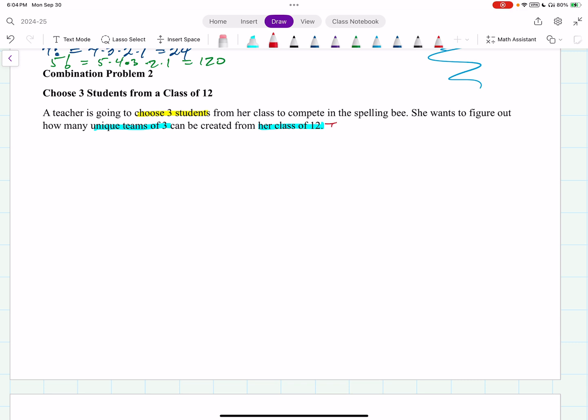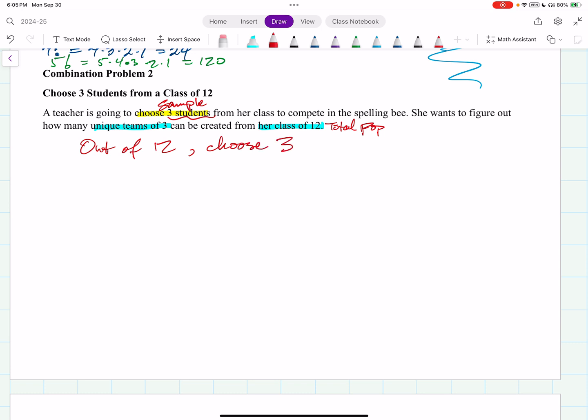So this is the total possible, like the total population, and this is your sample size, what you're choosing, 3. So out of 12, we're going to choose 3.